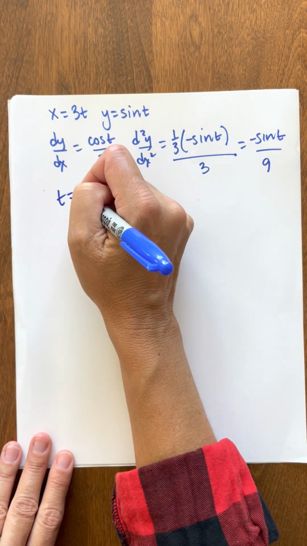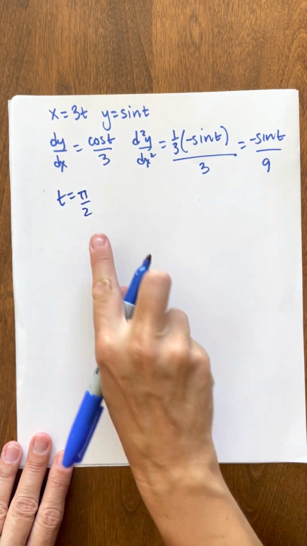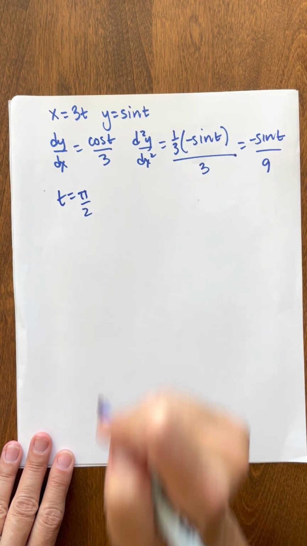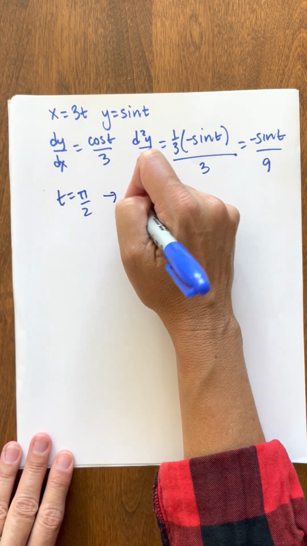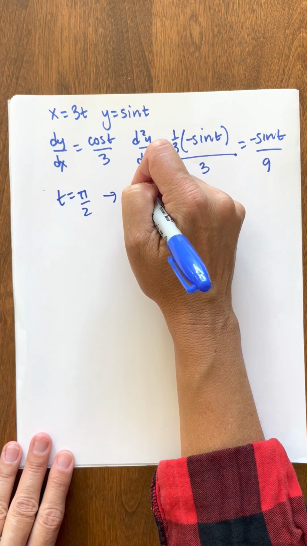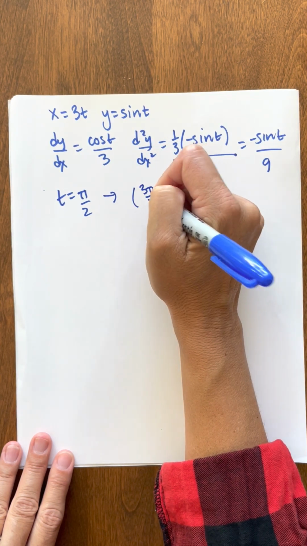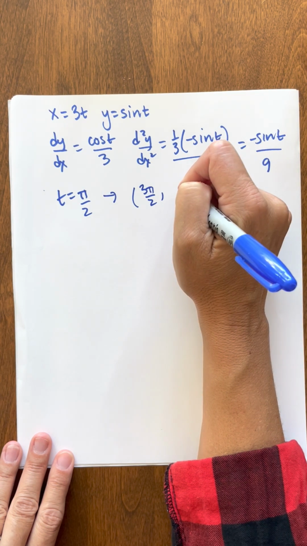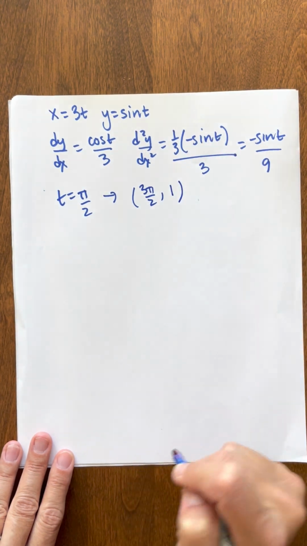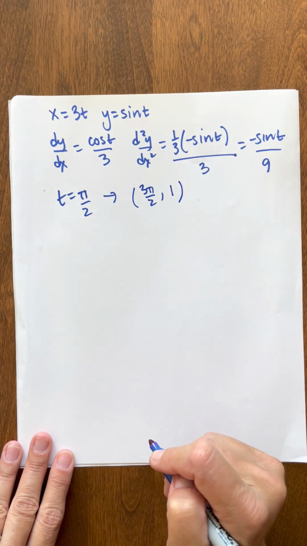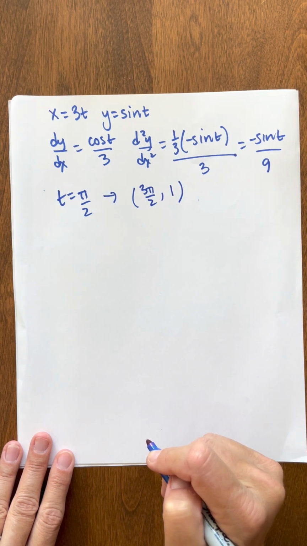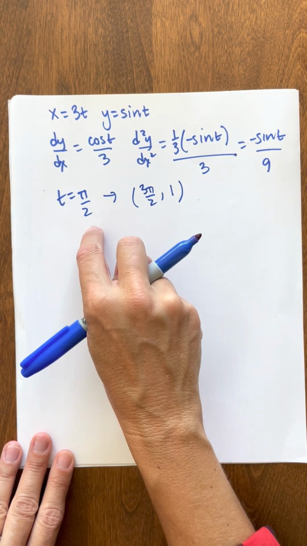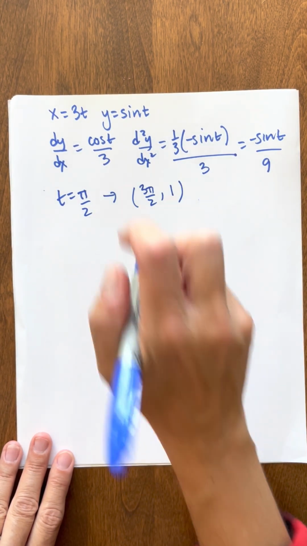So when t equals pi halves, I can plug that into the originals. That will give me a point on this graph. x is 3 times pi over 2. y is sine of pi over 2, which is 1. When I want to find the slope of the graph at this point, I could plug t equals pi halves into my derivative.